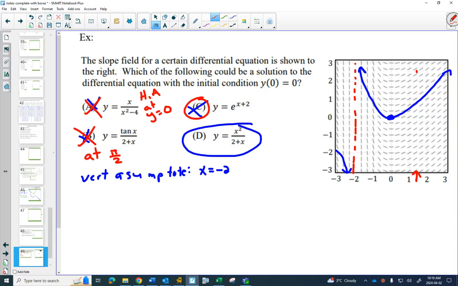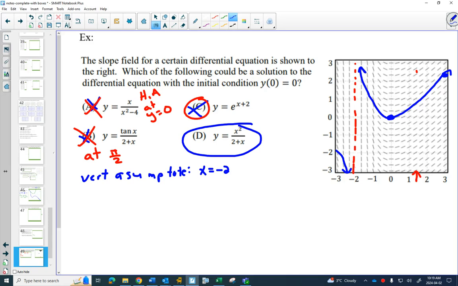Finally, I should do some checks here on this one to make sure that things actually match up. Okay? So, for example, how would I do some checks to see if things actually match up? I could take a point, like, according to the graph that I've drawn here, it looks like I have a point very close to (3, 2). Okay?